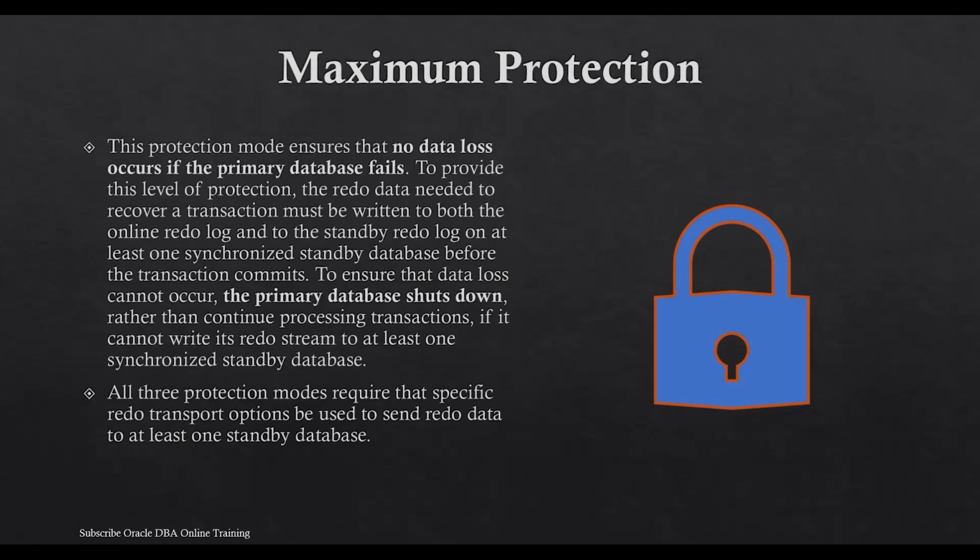So if you are enabling this feature, make sure you have very high bandwidth and have taken all measures in defining this mode of your standby database, because a single issue or fault can bring down your primary database.